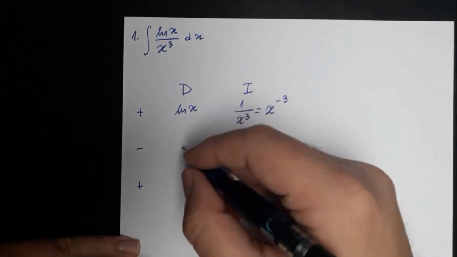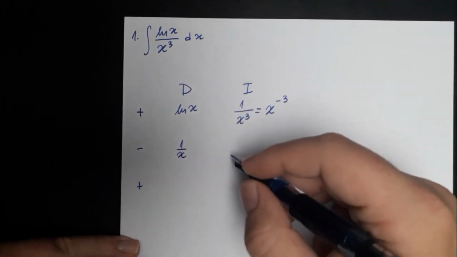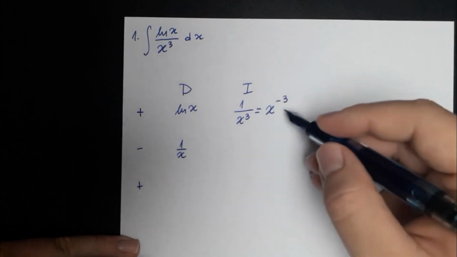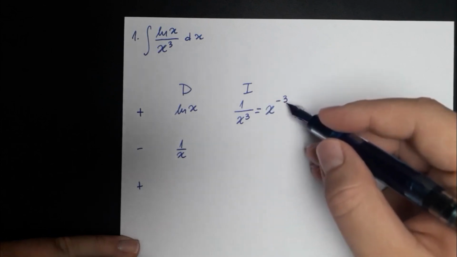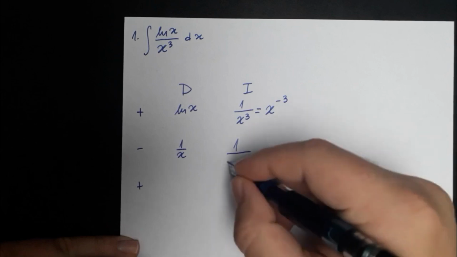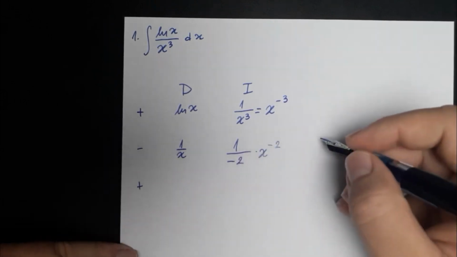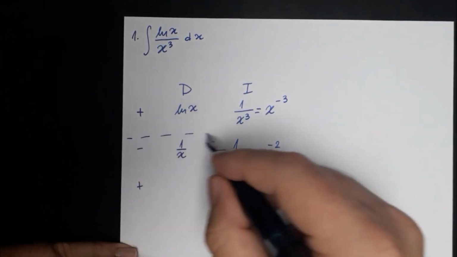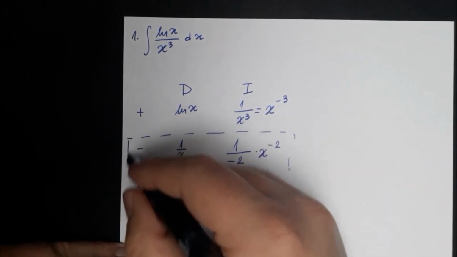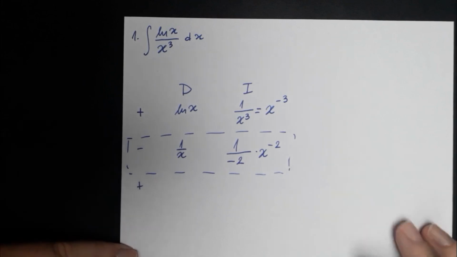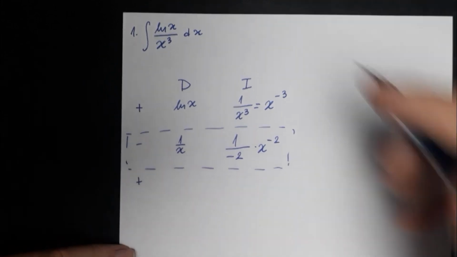Differential of ln of x is 1 divided by x, and integral of x to the power negative 3 is 1 divided by minus 2 times x to the power negative 2. And this can be calculated easily, so we are going to stop with the DI method right here.